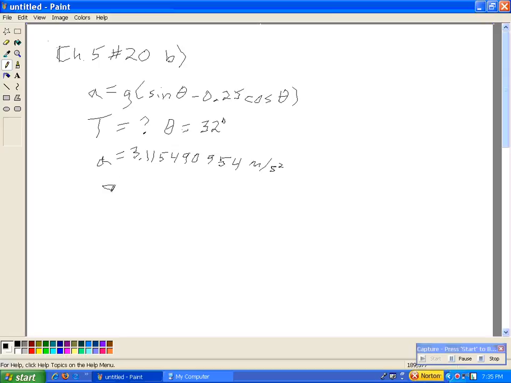We said that the sum of the forces in the x direction for box A was m_A g sine theta minus the friction force minus the tension equals mass of the box A times acceleration.